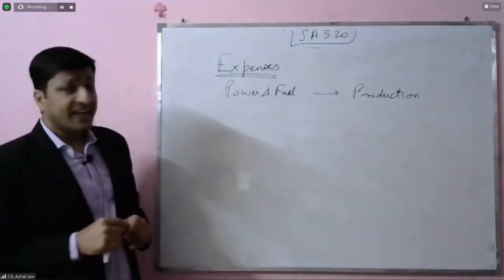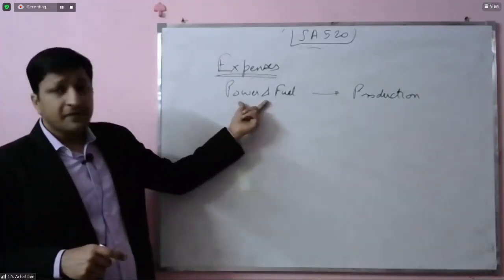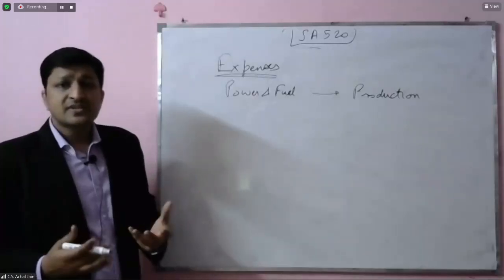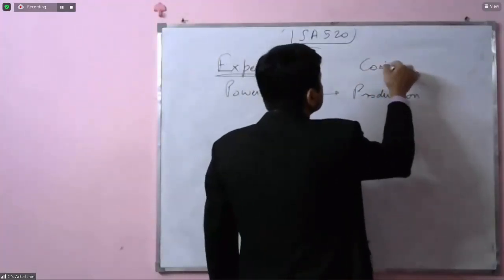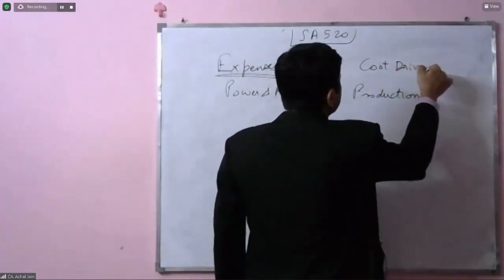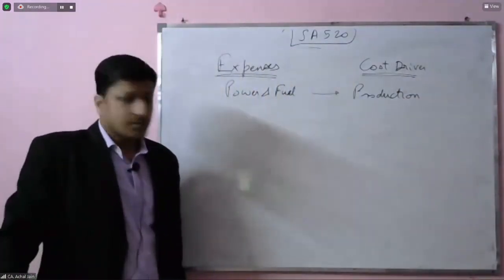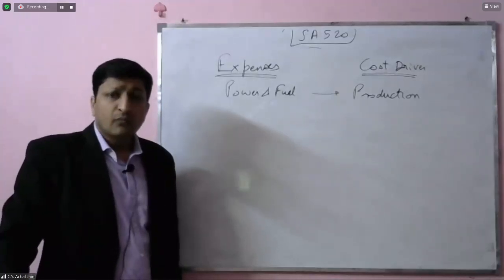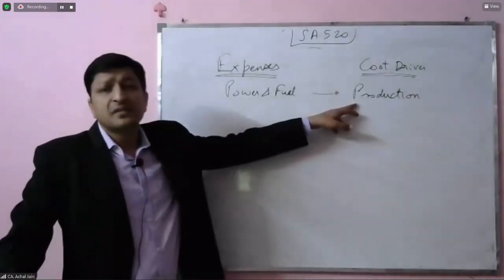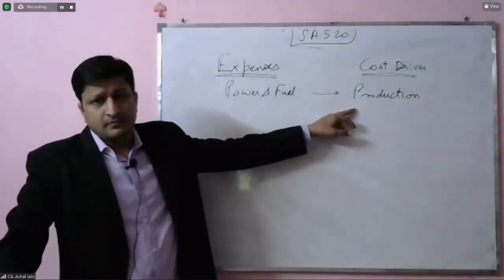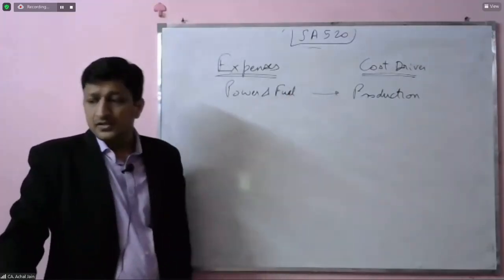If that is the situation, then this power and fuel can be said to have a cost driver. Cost driver means what is driving this expense? This expense is driven by the production, which if increased will increase this, which if decreased will decrease this.